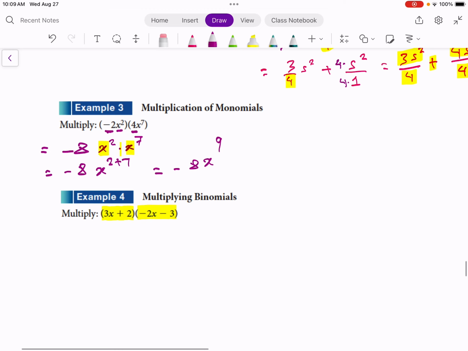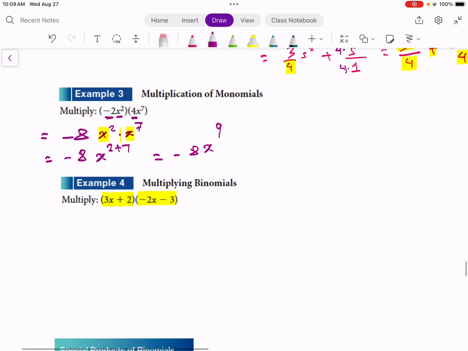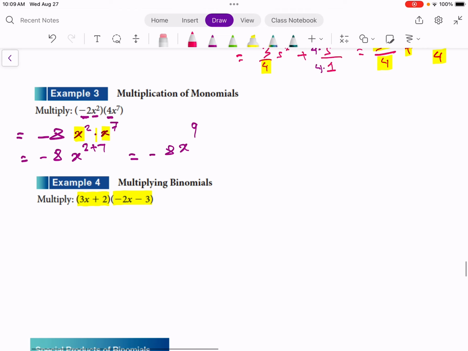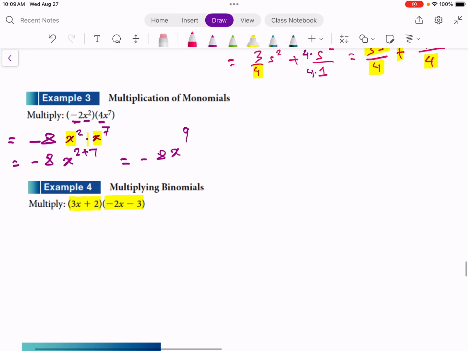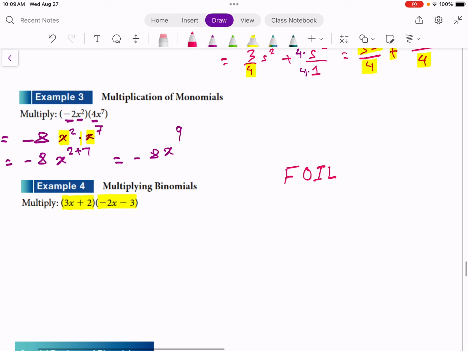Now next example, we are asked to multiply the binomials. In order to multiply binomials, we can use the FOIL method. Have you heard of FOIL? So let me take a plus b and a minus b.